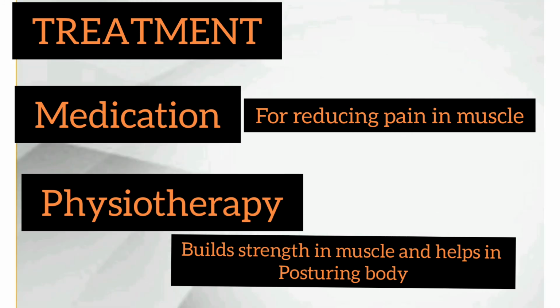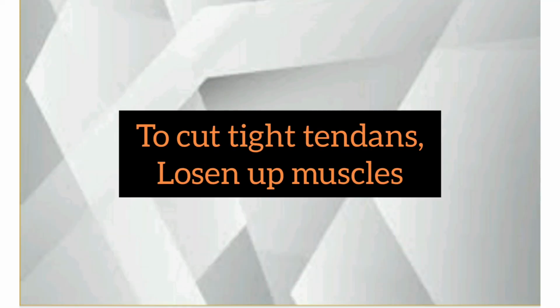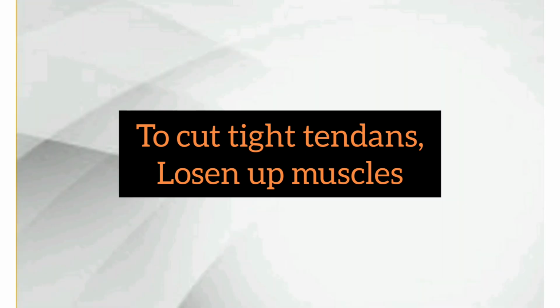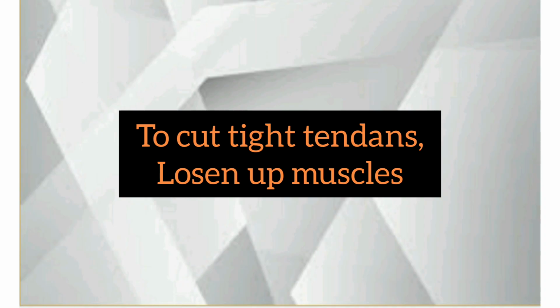There is also one other option, for very rare cases: surgery. Surgery is needed to cut a few tendons which are very tight, or to straighten their legs, or for a few bones which are getting bent. The doctor has to suggest all these things.